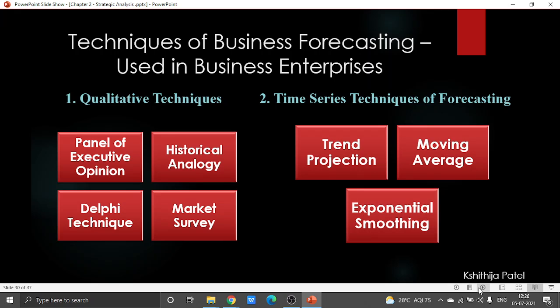The second one we have here is historical analogy. This particular method is normally used. It is based on the belief that future trends normally develop in the same direction as the past trend. This is nothing but your time series analysis.